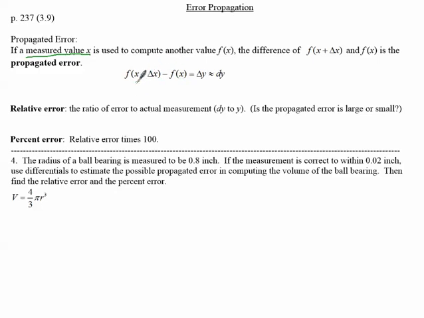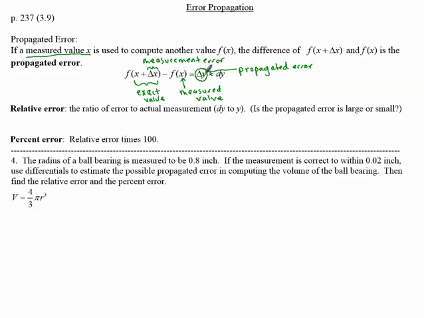So this is the exact value, because x is the measured value, and there's some error possible with our measuring devices. So this delta x is the measurement error. So take our measured value, add it to the measurement error, it gives that exact value. So the difference between what we get with the exact value and what we get with the measured value gives us our propagated error.